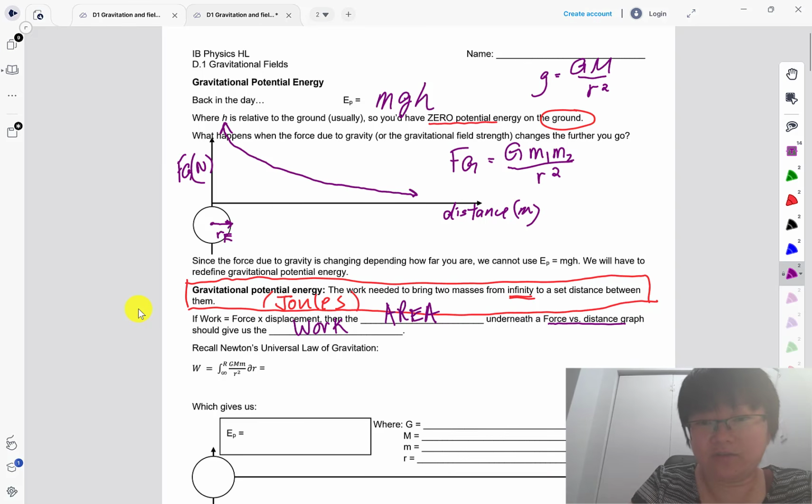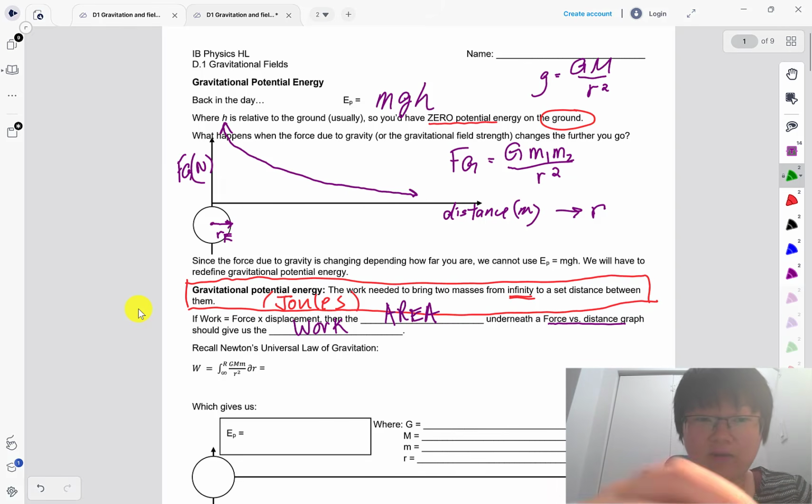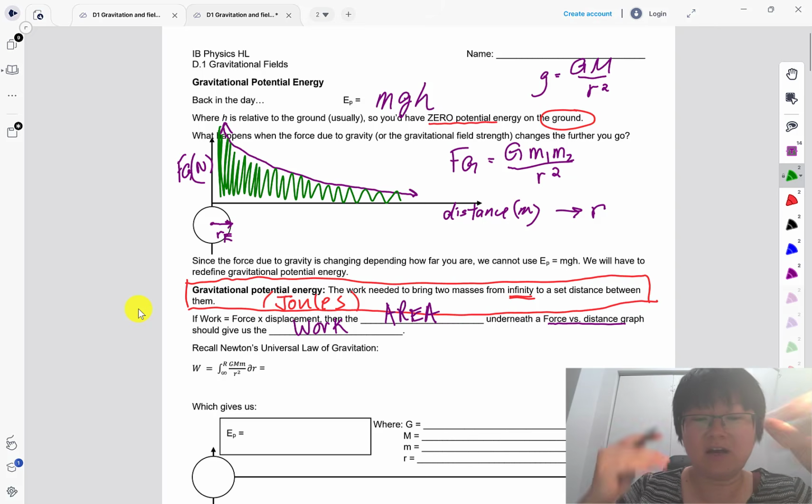And then as you go further along, this R value increases for their distance of separation. And the area underneath this graph would be this, that I'm shading in. And of course, area is always underneath the graph up to the x-axis.